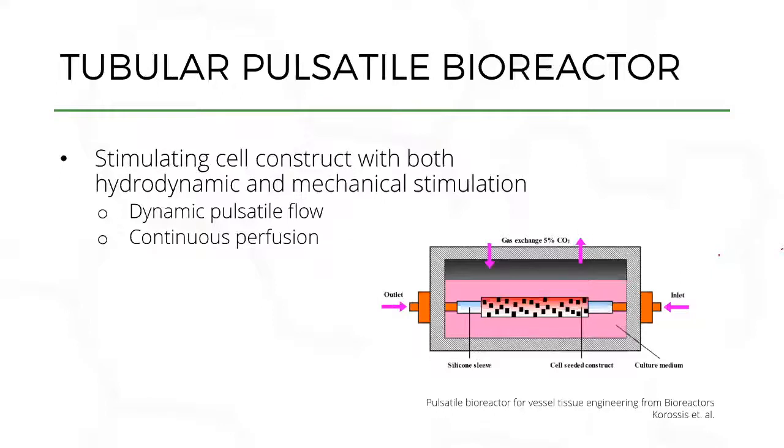And a couple of successful studies have shown that this approach works in terms of creating vascular tissue using smooth muscle cells seeded on these tubular polymer scaffolds. So perfusion in this case is improving the tissue growth and metabolism, enhancing mass transfer and reducing the concentration gradients inside the system.